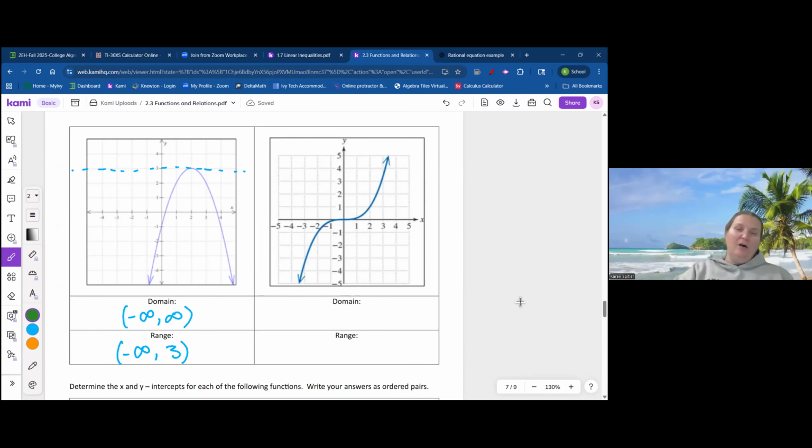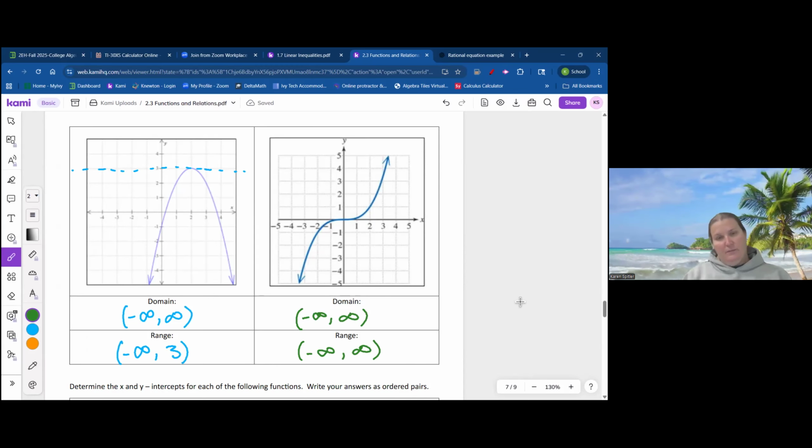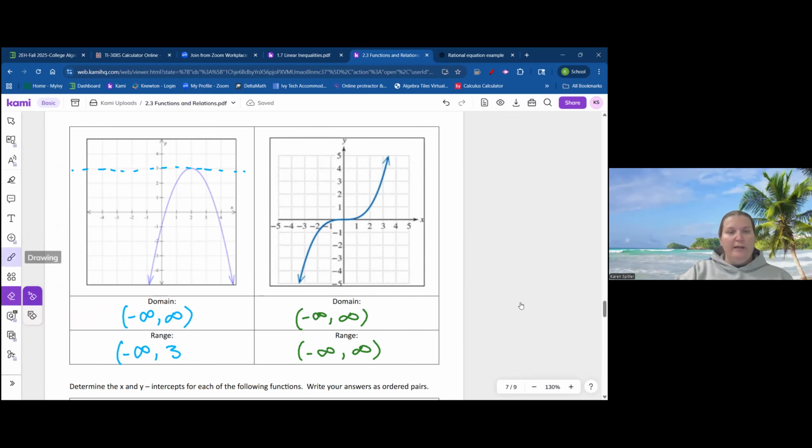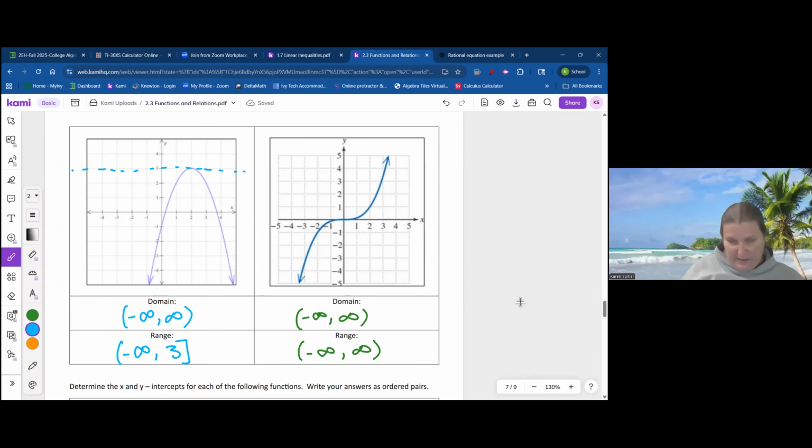And this little fella on the right is a cubic, and the domain and range of a cubic are always all real numbers, negative infinity to positive infinity. So cubics are pretty nice. Oh my goodness, there should have been a bracket on the range of that quadratic. It should be negative infinity to 3 bracket because it's not dotted or anything like that.